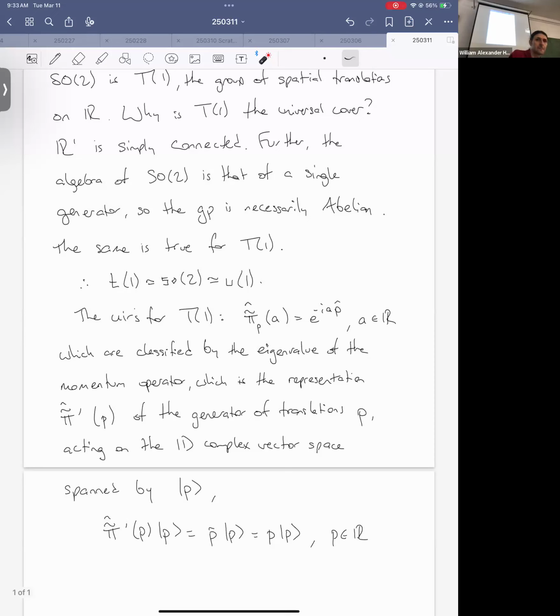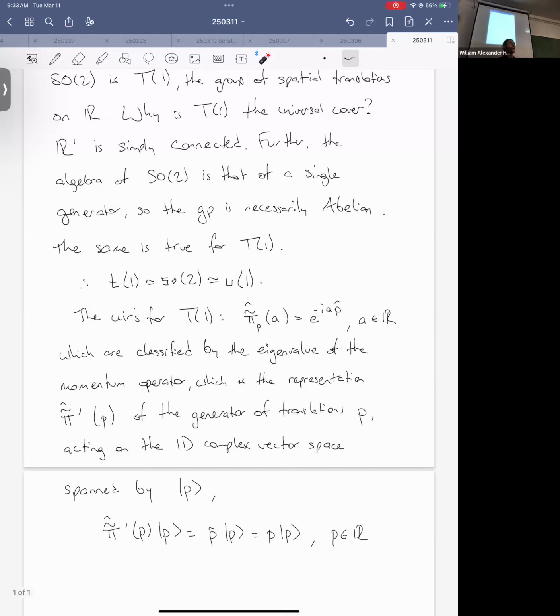Yeah. How do you then know that the generator of translations is the momentum? Good. That's a good question. So what we do know, certainly, is that if we think about translations as a group, we know it's a symmetry transformation, we know it's continuous.